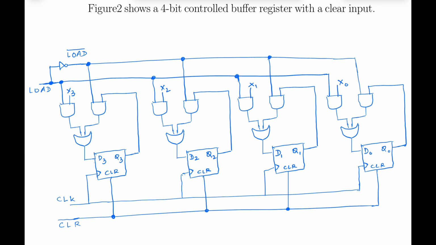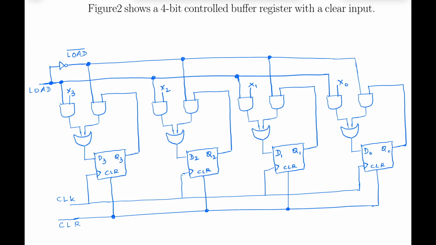Inputs are X3, X2, X1, and X0. And all of them will be transferred simultaneously because the same clock pulse hits all the flip-flops. See that each configuration is identical, whether this one, or this one, or this one.